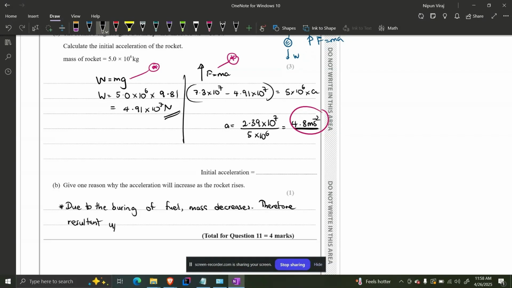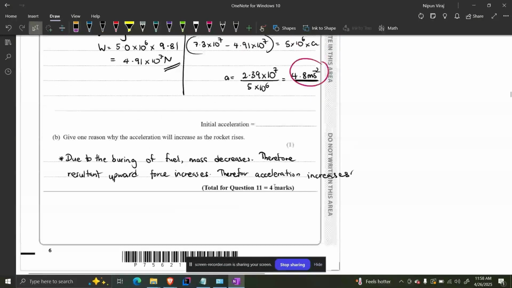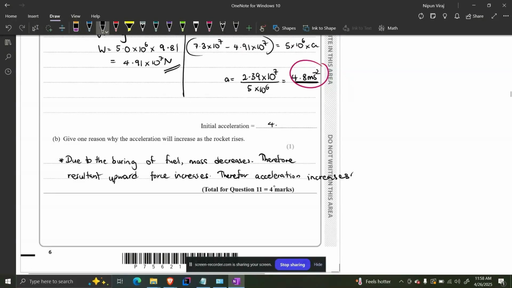Resultant upward force increases. Therefore, acceleration increases. Okay, this is what you should write. So here I'll write the answer as 4.8 m s^-2.